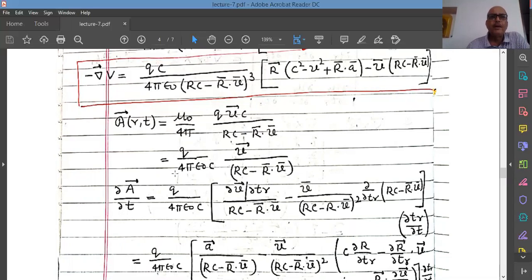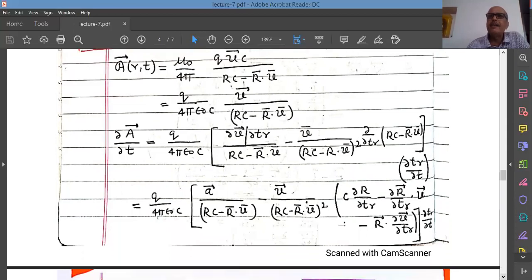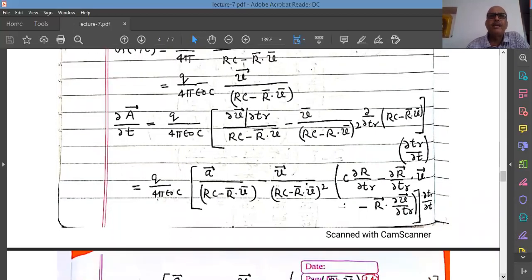So it's Q upon 4 pi epsilon 0 C, the vector B divided by RC minus R dot B. The calculation of del A over del T is relatively simpler, but we have to be careful.